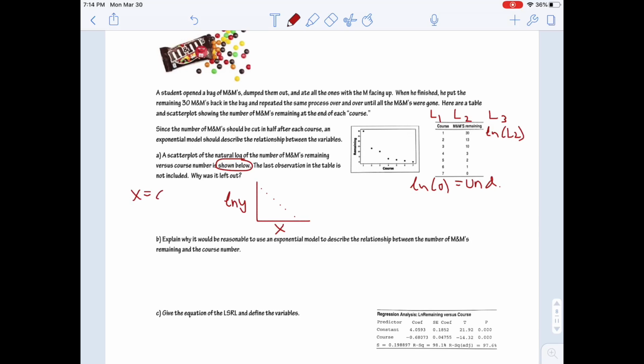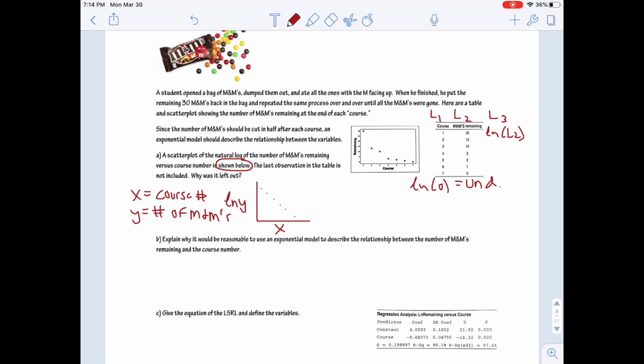Okay, so then in this case, x is your course number, and y is the number of M&Ms. Okay, so this is now something we can predict the number of M&Ms going to be left by using a linear regression model of x versus the ln of y.